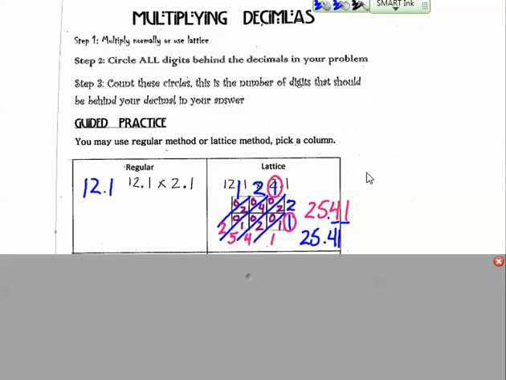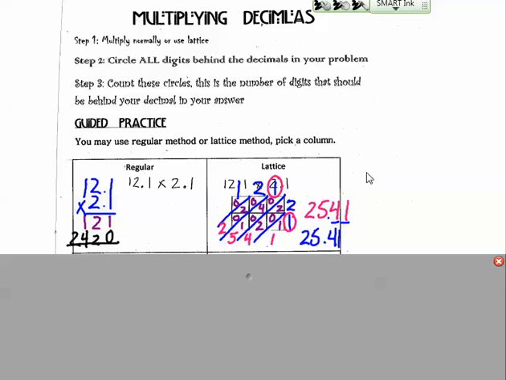Now to do it the regular way, you do it exactly the same way. It doesn't matter if your decimals are lined up or not. That doesn't play a part. So we're just going to multiply across. 1 times 1 is 1. 1 times 2 is 2. 1 times 1 is 1. We go to the next line, put our placeholder in. 2 times 1 is 2. 2 times 2 is 4. 2 times 1 is 2.